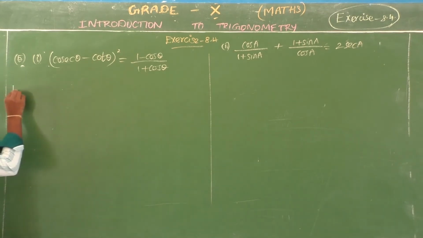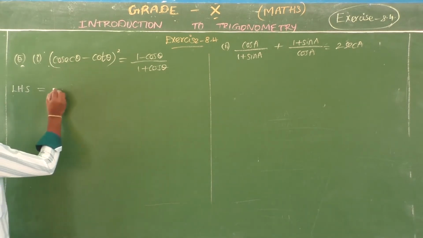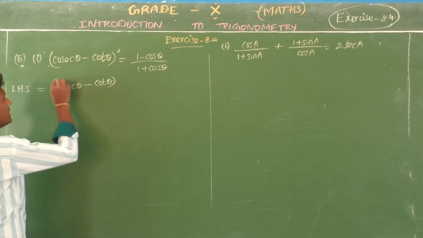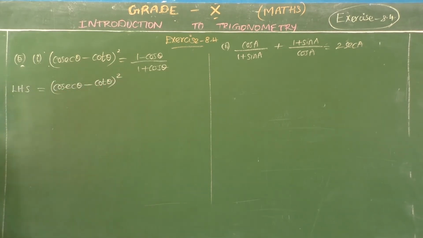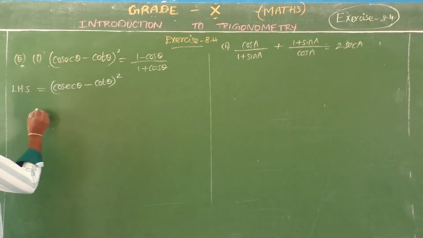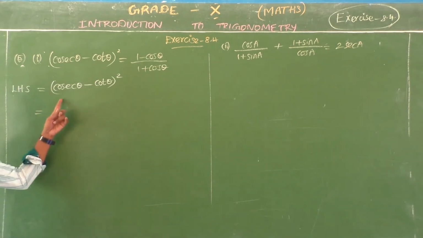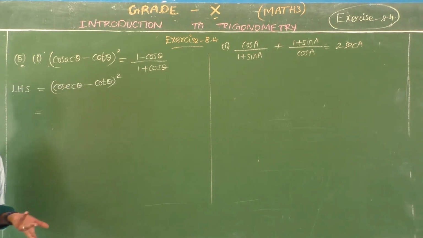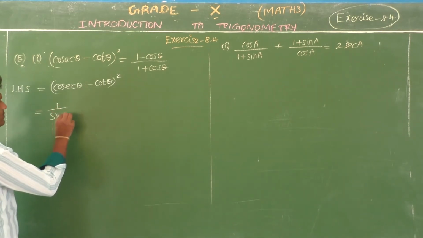Now first I am going to take the left side and prove the right side. So on the left side, what you have? Cosecant theta minus cot theta the whole square. Here, cosecant theta means it is simple: the reciprocal of cosecant theta is sin theta, so cosecant theta is 1 by sin theta.